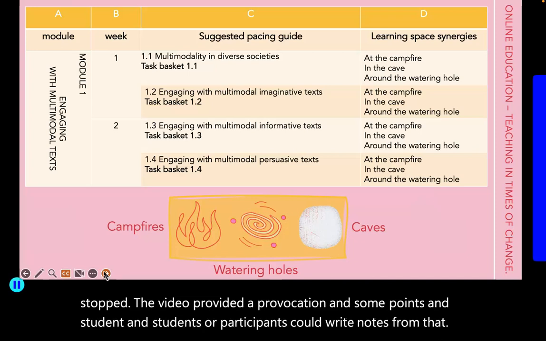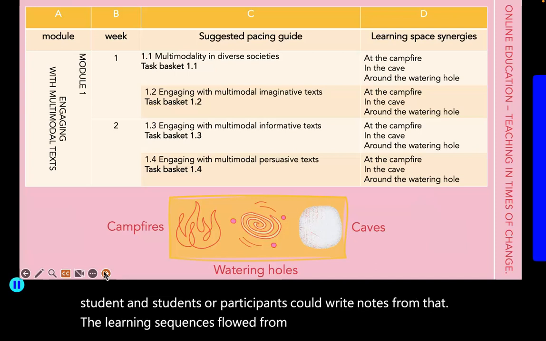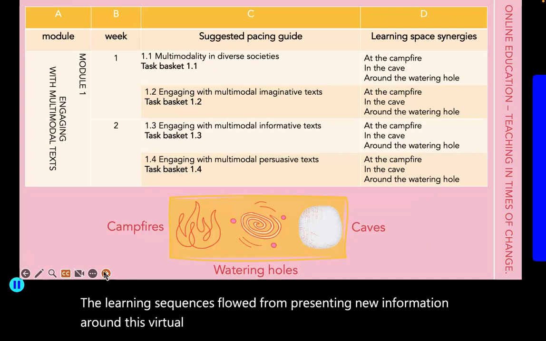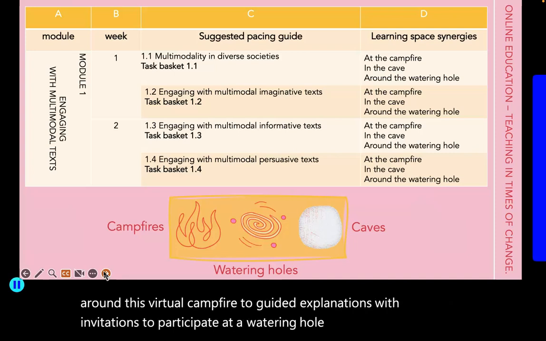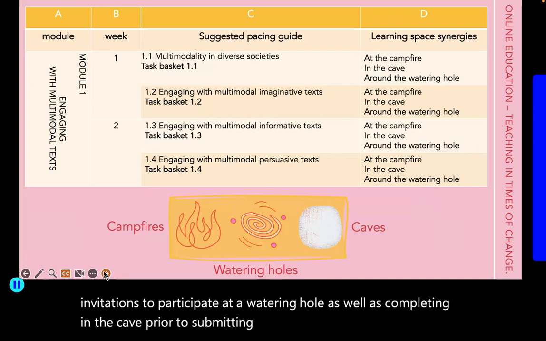The learning sequences flowed from presenting new information around this virtual campfire to guided explanations with invitations to participate at a watering hole, as well as completing in the cave prior to submitting a performance into a task basket.